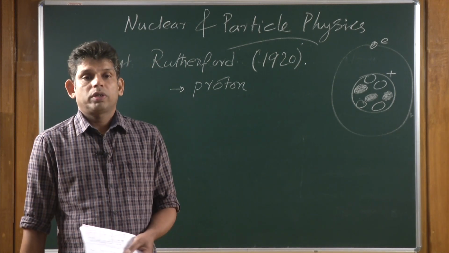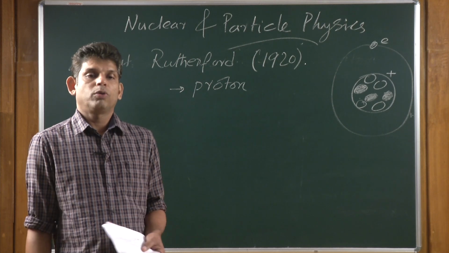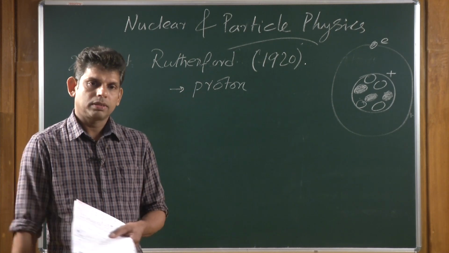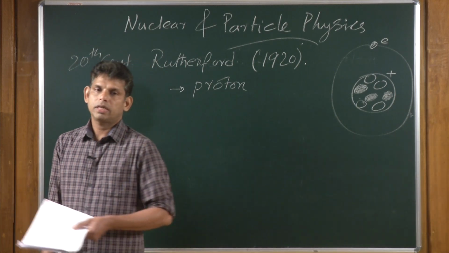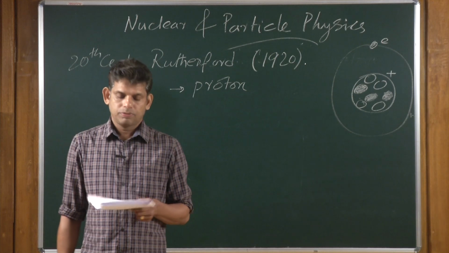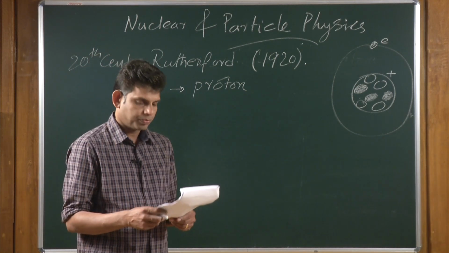So, the proton is established as part of all the nuclei. Experimentally, it was seen that it is there in many atoms that Rutherford studied, and then he suggested that it is part of all atoms.